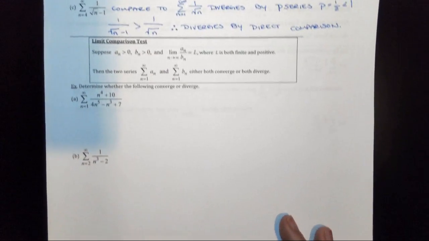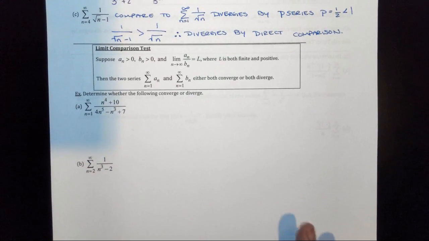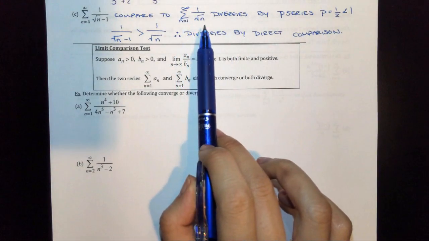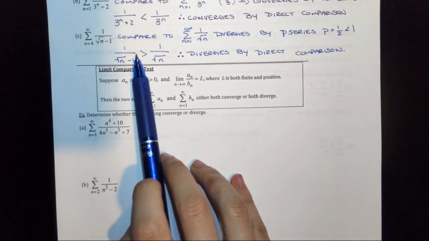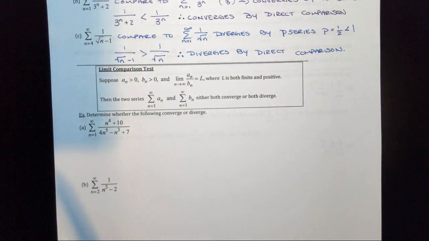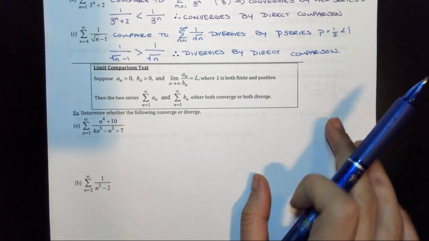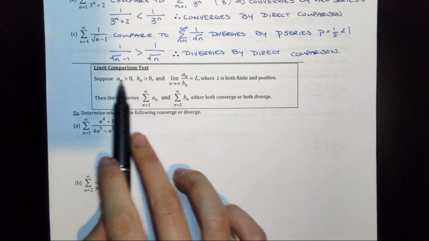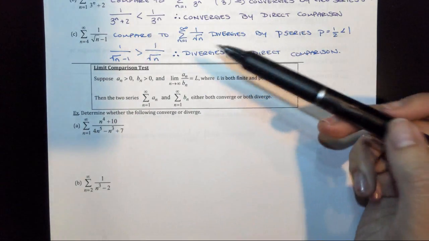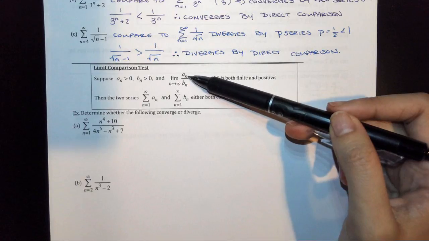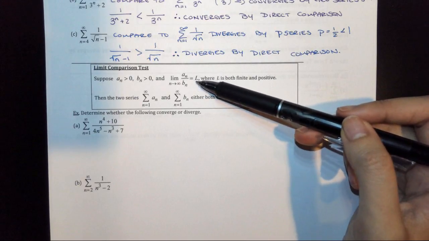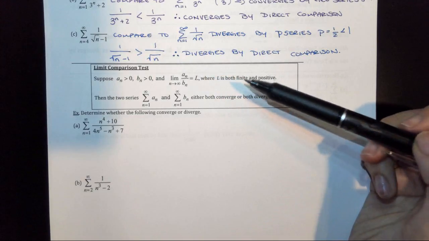One last test for this video is limit comparison. Now, what if you compare it to something and it's not smaller all the time, so you can't do direct comparison? Well, another test you can do is the limit comparison test. What the limit comparison test says is that if you have two sequences that are both greater than 0, and if you take the limit of one sequence divided by the other, if that limit exists, it equals a number.